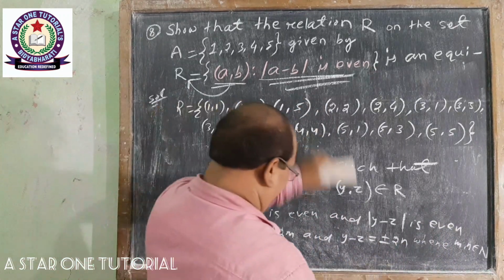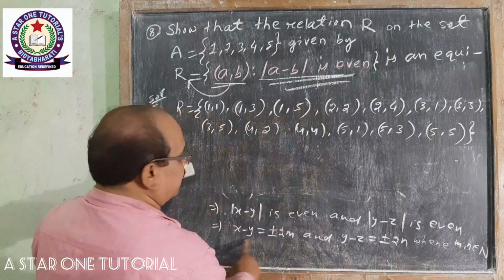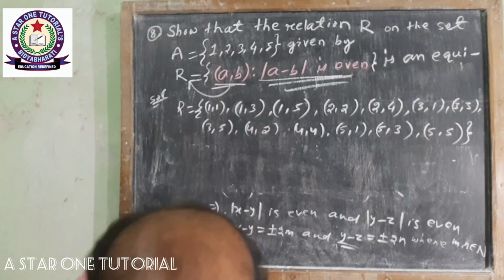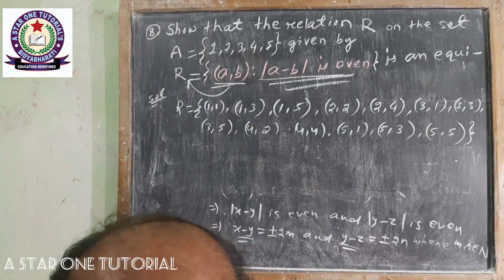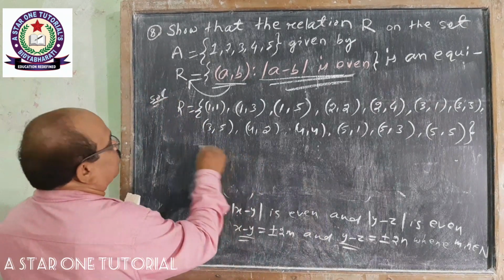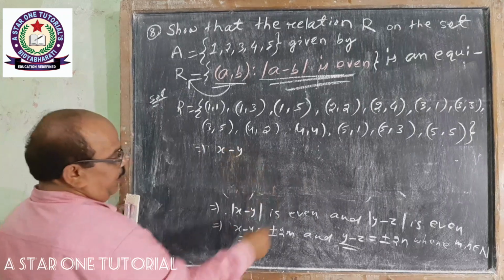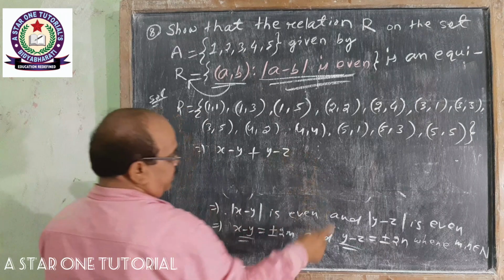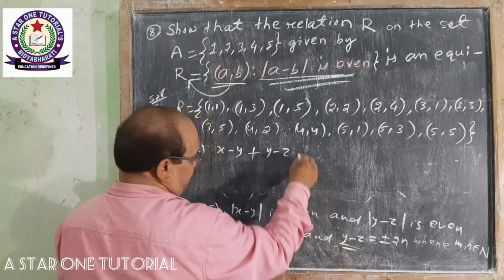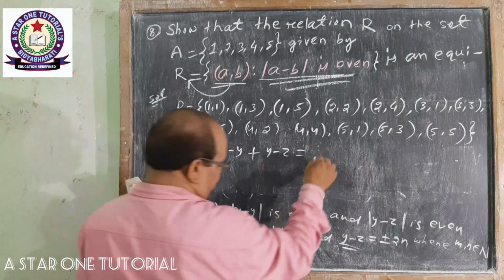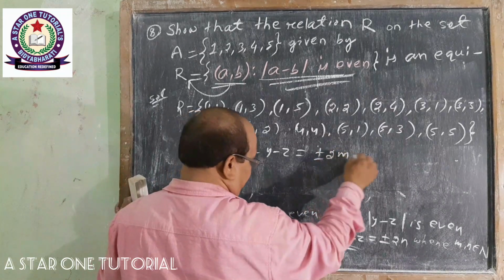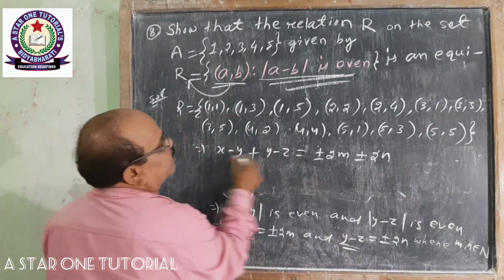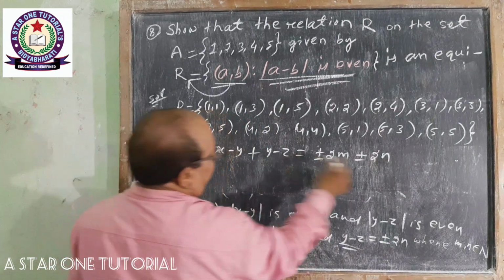Then add these two relations. Let us take the sum of these two expressions: x minus y plus y minus z. Now our right hand side would be equal to plus or minus 2m, plus or minus 2n.